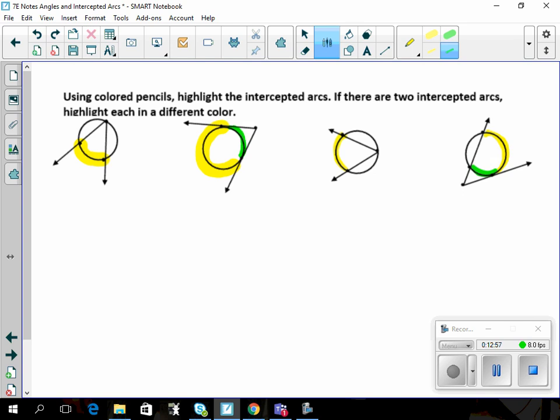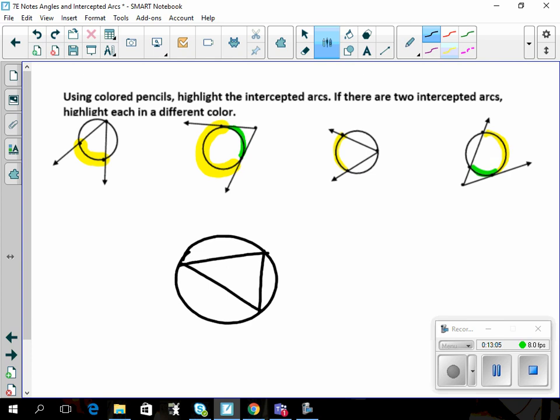Sometimes the picture is hard to see, and you might have something that looks like this. I'm making something up. And I call this angle A. What arc does angle A intercept?